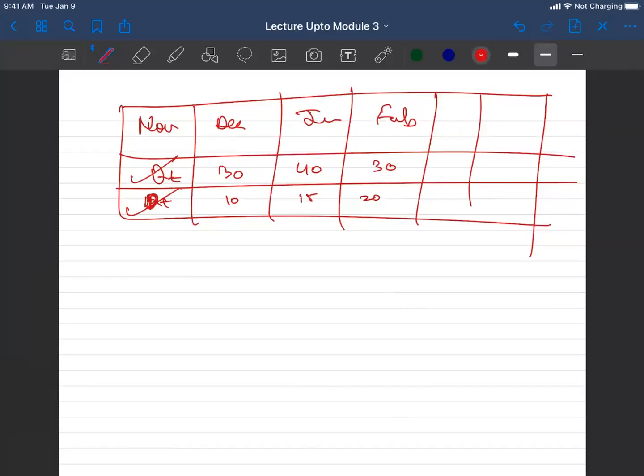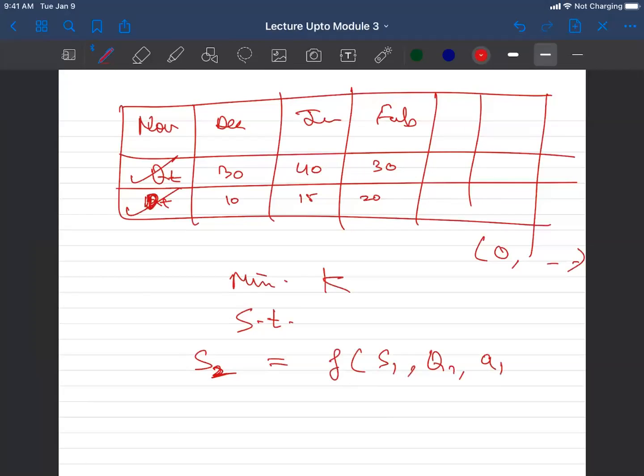Now you will have these equations for these months. Then, if you know the initial conditions, you can always know that lower bound is always 0 and upper bound is something. You can always write this as minimize, first of all, minimize k, subject to S2 can be written in terms of S1, Q1, and A1, that is, evaporative losses and so on.